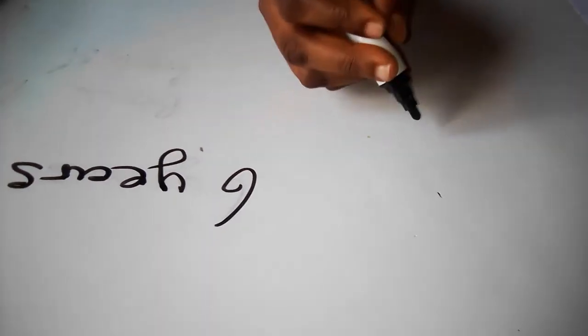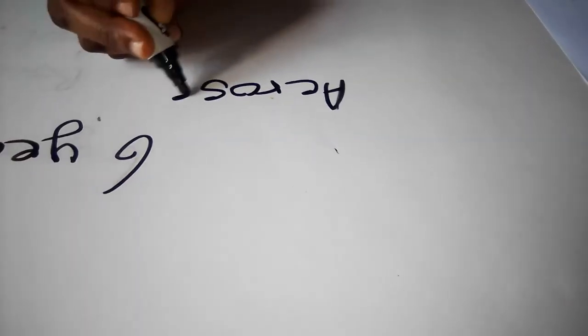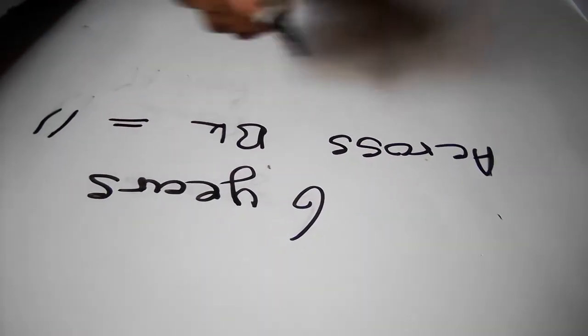Then the back, which I call the across back, is 11. Let me shorten it, 11.